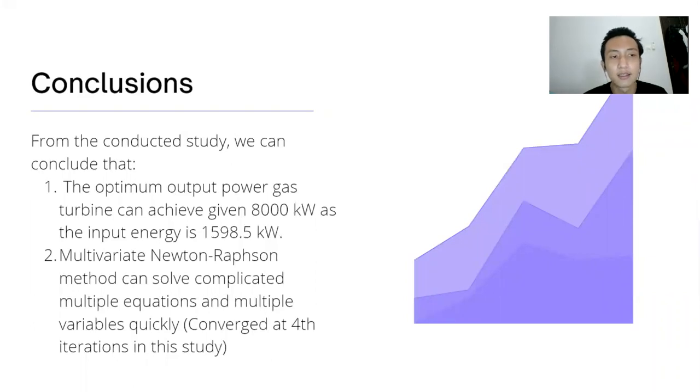And the second is that the multivariate Newton-Raphson method can solve complicated multiple equations and multiple variables quickly. In this case, we achieved convergence at the 4th iteration. So maybe we can conclude that this method can solve complicated multiple equations and multiple variables quickly.